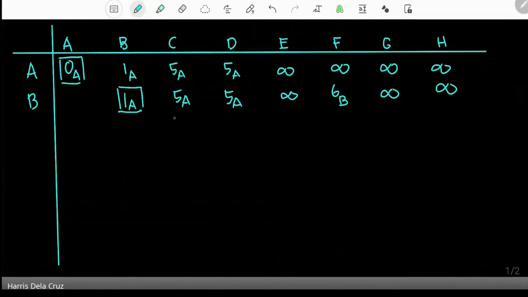So I'm going to write 5A and put it in a box to mean that this time the label is permanent.